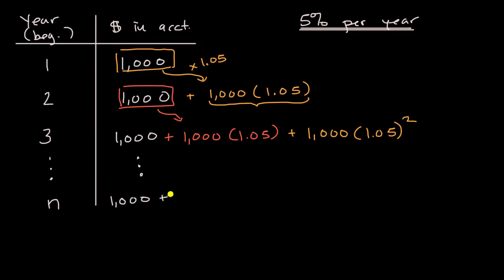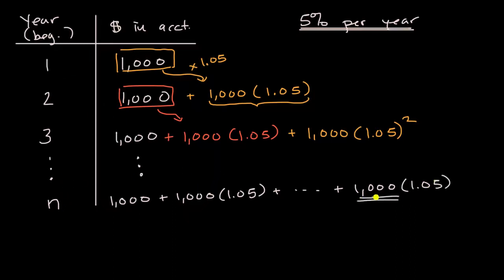And then you're going to have 1,000 times 1.05 for that $1,000 that you deposit at the beginning of year n minus 1. And then this is just going to keep going, all the way to plus $1,000 times 1.05 to the power of the number of years you've been compounding.